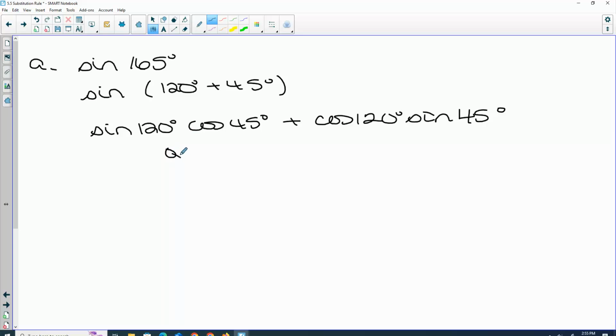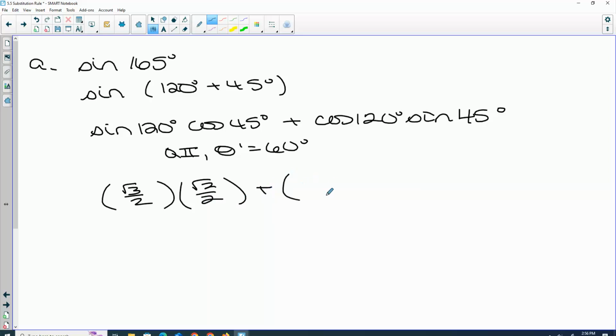What quadrant is 120 in? Reference angle? 60. Okay. In quadrant 2, is sine positive or negative? And the sine of 60? You did cosine. I was asking for sine. Cosine of 45? Radical 2 over 2. Okay.